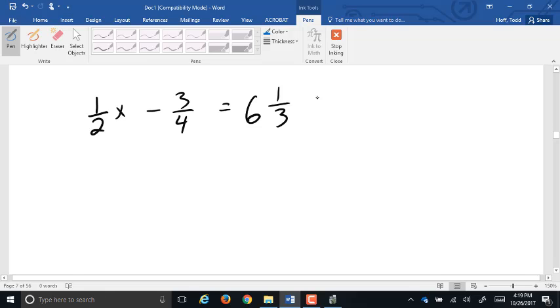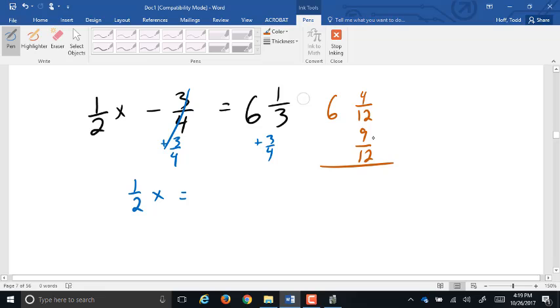What would be our first step if we were just going to solve this? We would add the 3/4 to both sides. So 1/2 x equals, well, 6 1/3 plus 3/4. We're going to have to change that into twelfths. So 1/3 is 4/12. 3/4 is 9/12.